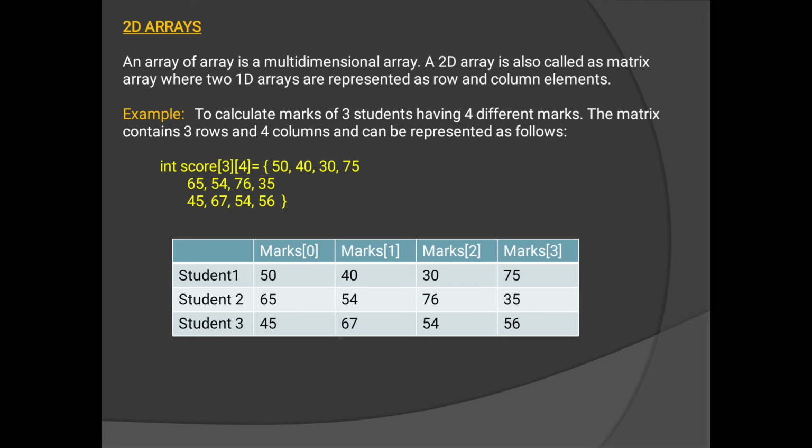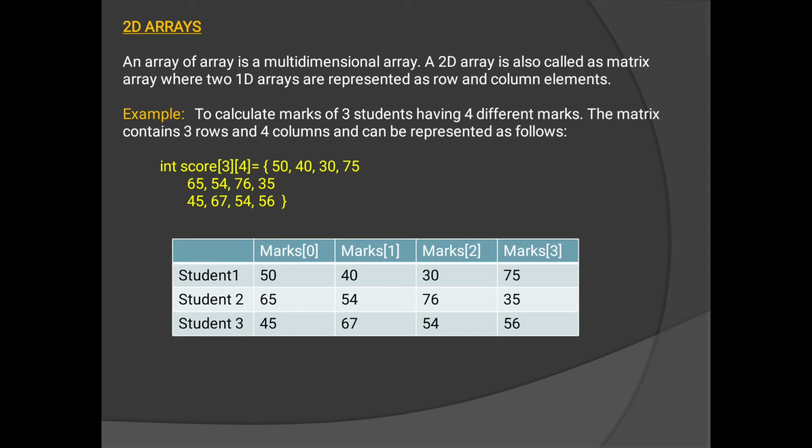Next is two-dimensional arrays. So an array of arrays is a multi-dimensional array. When you have two arrays combined, you can make it into a multi-dimensional array. So a two-dimensional array is also called a matrix array, where two one-dimensional arrays are represented in rows and column format. Here is an example to make you understand better.